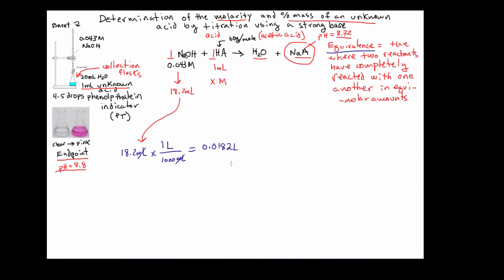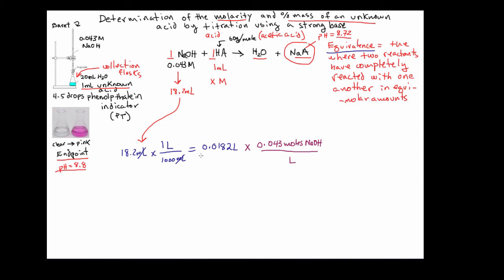0.0182 liters. Now, to find the moles of the base reacted, we simply multiply the volume in liters times the moles of the base, the moles of the NaOH per liter. So all I've done here is expand the units of molarity.